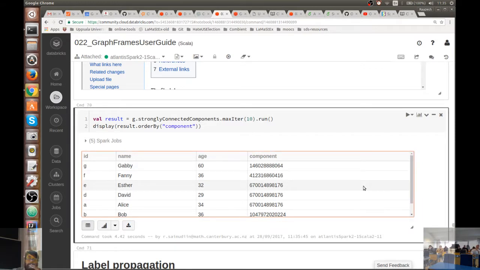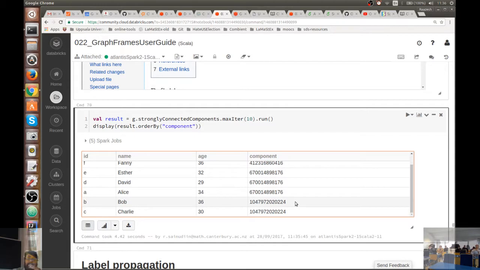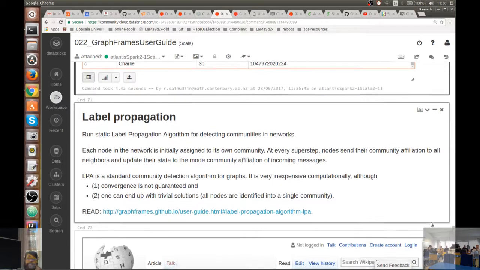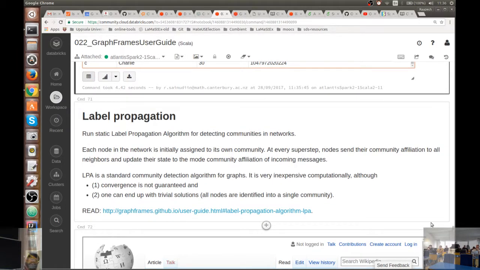So now there's several strongly connected components, right? This one, these three guys are together. Esther, David, Alice, and Bob and Charlie are together. So those are kind of maybe the first sorts of things you may want to do on a graph, usually.